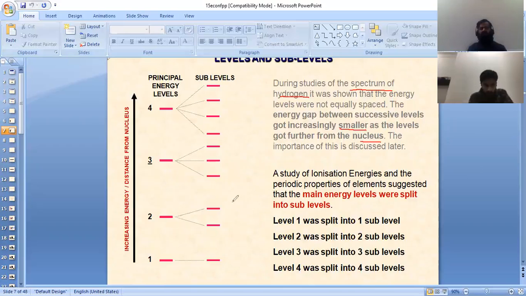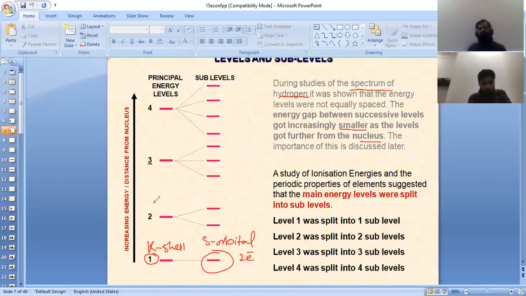So the first shell, the K shell, has just one orbital called s orbital, and in the s orbital, maximum how many electrons can be there? Sir, 2. Only 2 electrons.